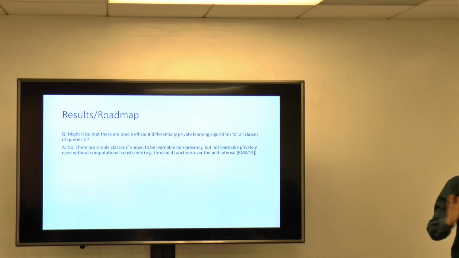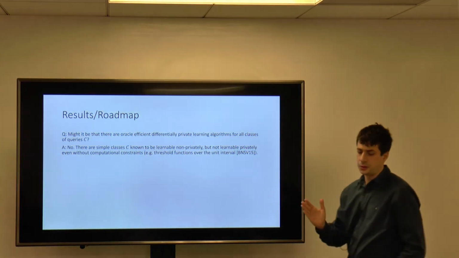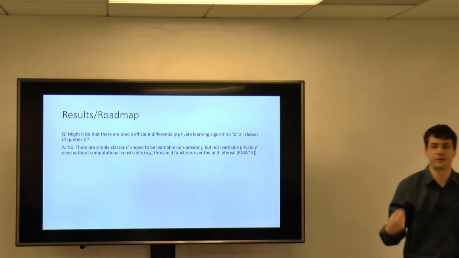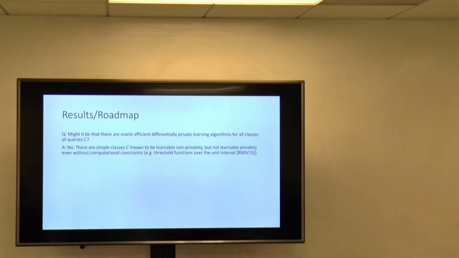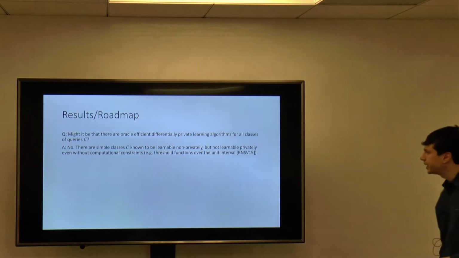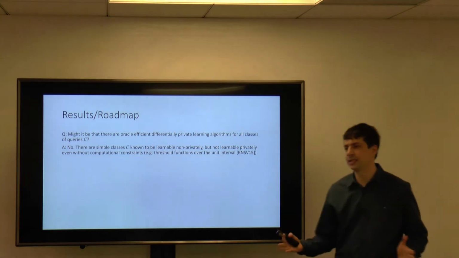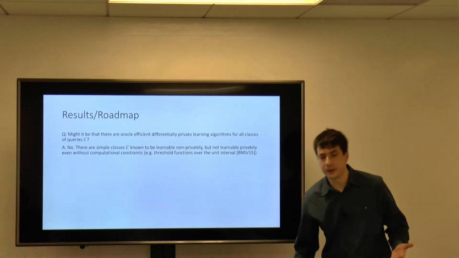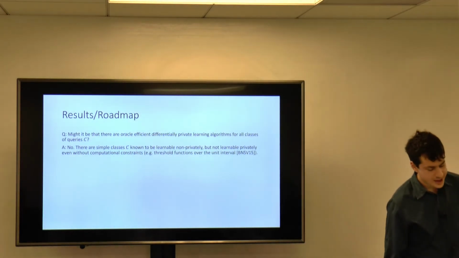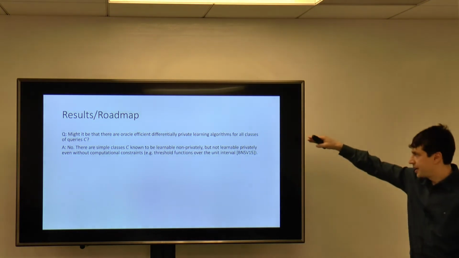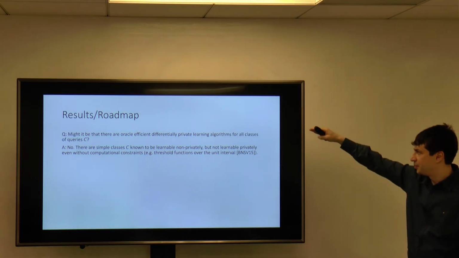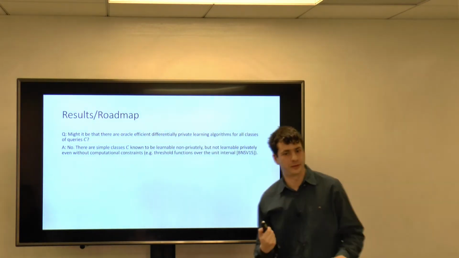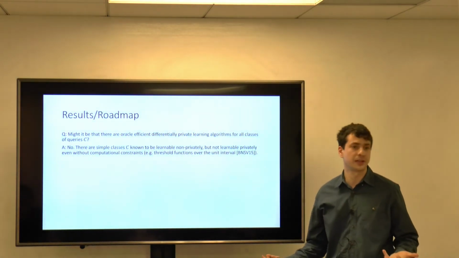So even intervals over the real line, which have VC dimension 1 and are trivial to learn absent privacy guarantees, just can't be learned subject to differential privacy, for information theoretic reasons, not computational reasons. And so you can't have a reduction from a non-private learner to a private learner that doesn't use any structure of the class, because private learning is different than non-private learning.